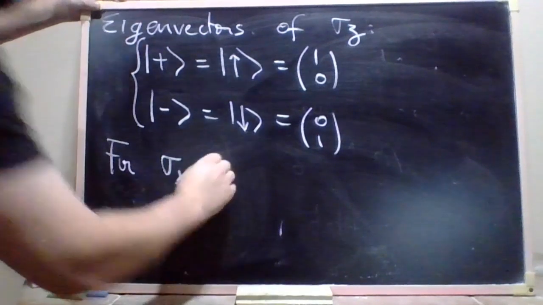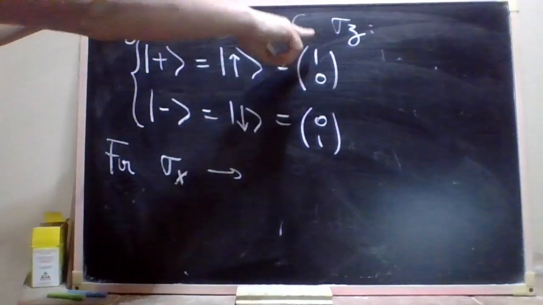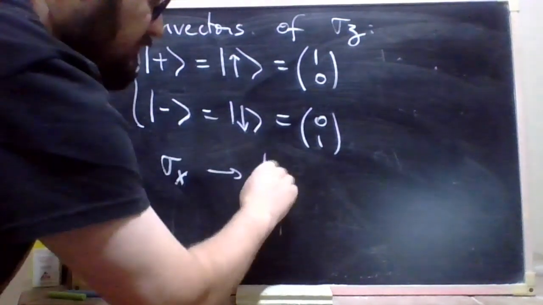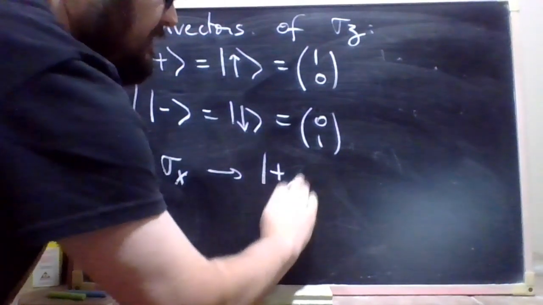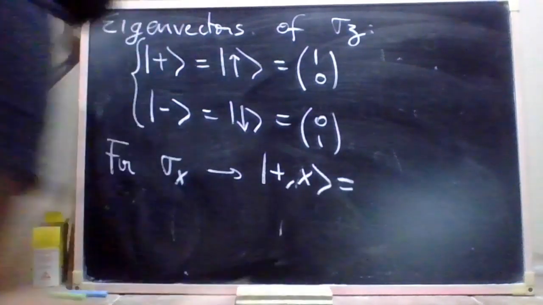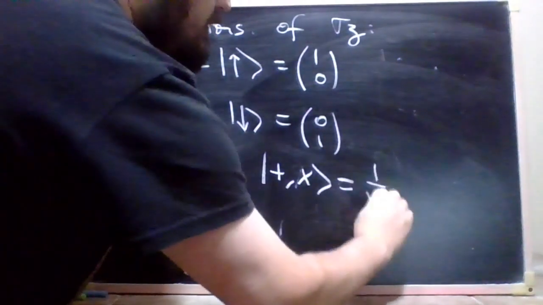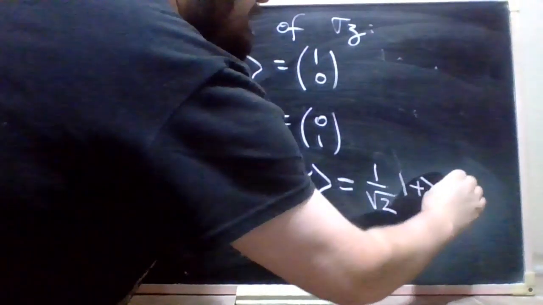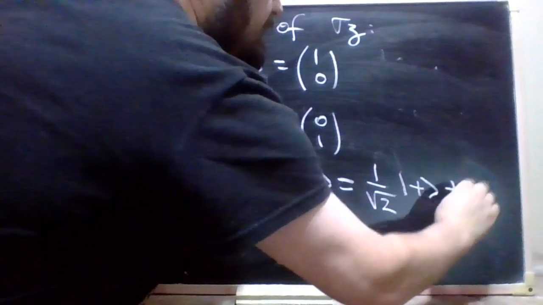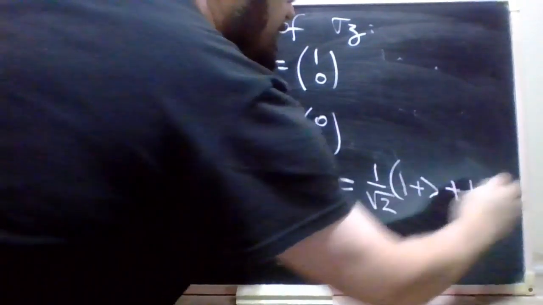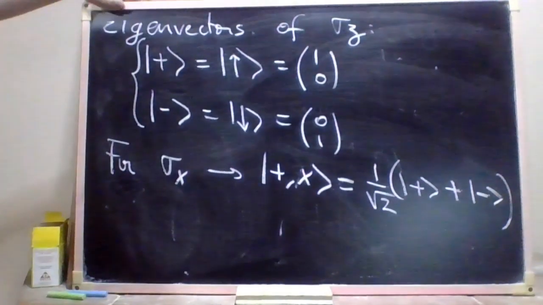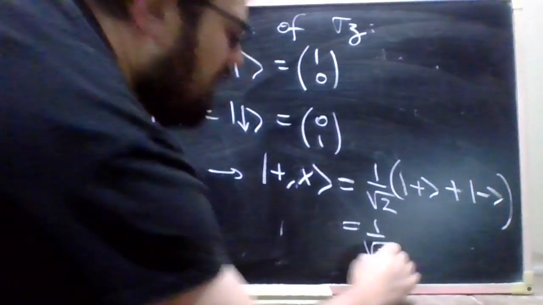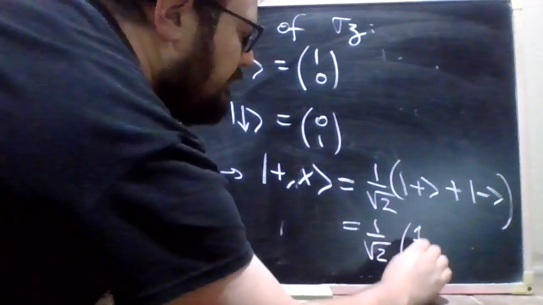Okay, so you can find out that for sigma x, using the basis that diagonalize sigma z, the eigenvalue plus in the x direction corresponds to 1 over the square root of 2 times the plus state plus the minus state, which means if you write it as a column vector, 1 over the square root of 2, 1, 1.